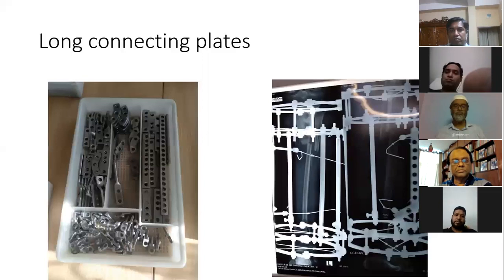Long connecting plates: you can see in the basket there are long connecting plates, and here you can see an X-ray. The long connecting plates are used with the olive wire for translation of the long segment of the fibula, fibula transport for tibialization of the fibula.